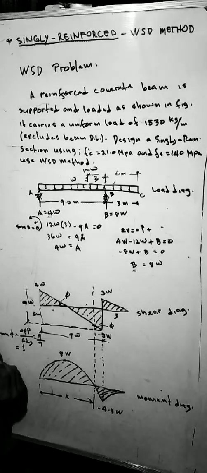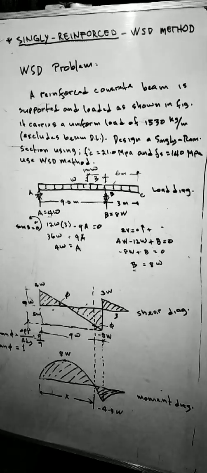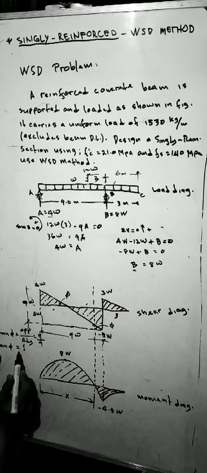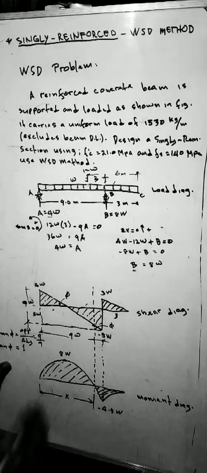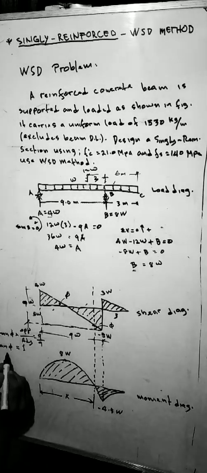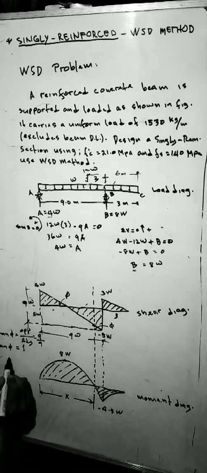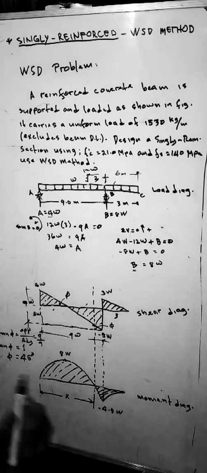So, we now have tangent P equals 1. And in your scientific calculator, when you press the 1, then press the inverse tangent, it will give you the value of P as 45 degrees.